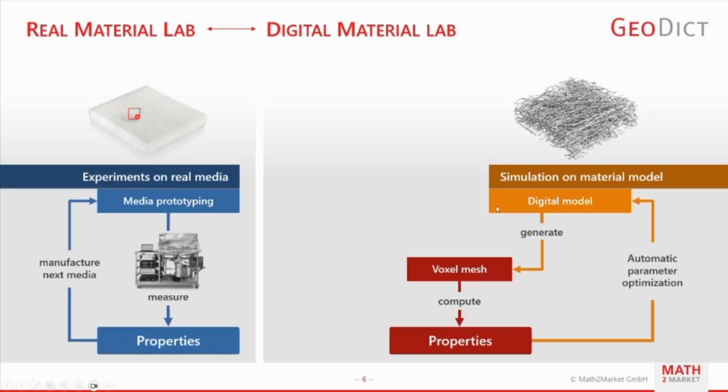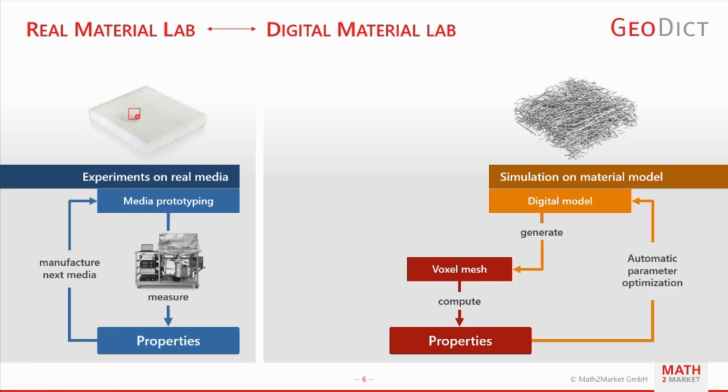And in a computer, you start with a digital model. And the model creates a computational mesh. In our case, it's a voxel mesh. And you can compute the properties of the material from there. And you can easily design new materials and even do an automatic parameter optimization. But there's some gap between those two methods that needs to be closed first.